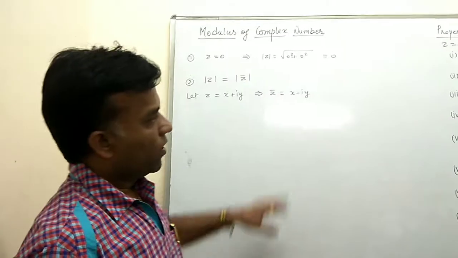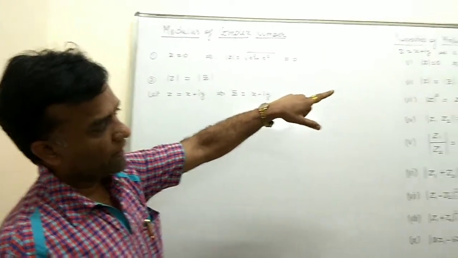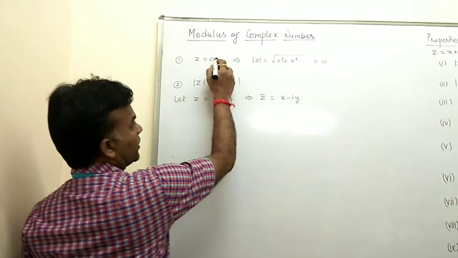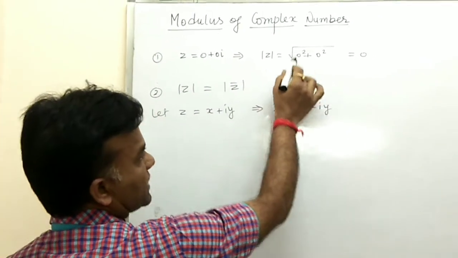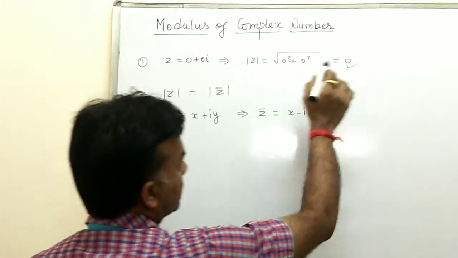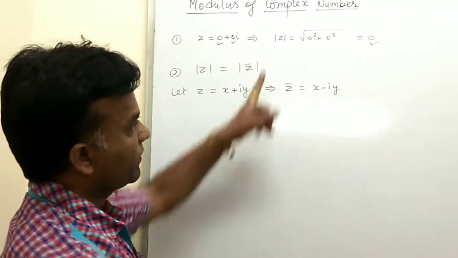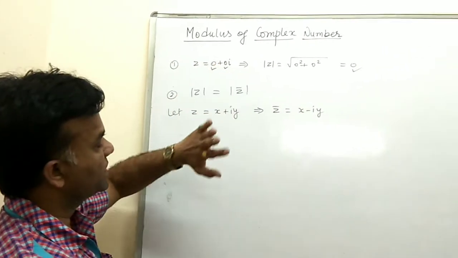Okay, then the first property is that modulus of z is 0 if z equals 0. So z equal to 0 means 0 + 0i, and then you find its modulus, that is 0 squared plus 0 squared, again 0. It means your real and imaginary parts are both equal to 0 here, therefore we got |z| = 0, therefore your complex number also will be 0.